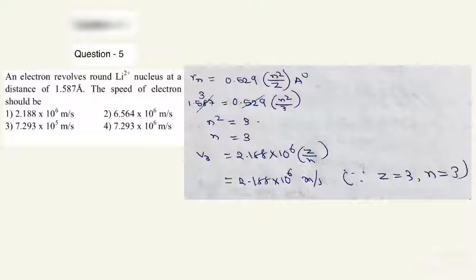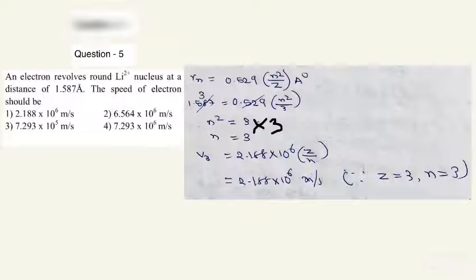The next one: an electron revolves around a Li²⁺ nucleus at a distance of 1.587 angstrom. The speed of the electron should be found. We know the radius formula. Since lithium is given, substituting Z value 3, we get n² equal to 9, 3 × 3, and n will be equal to 3.